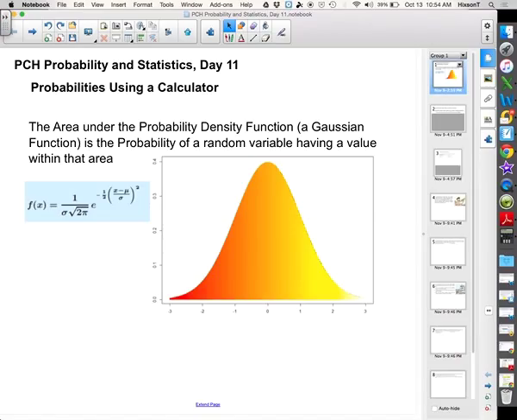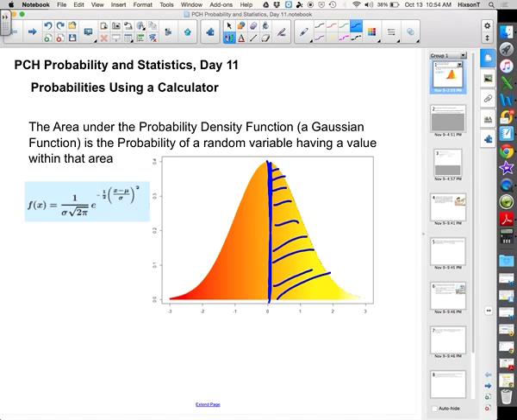But remember what I said, that the percent or probability represented the area underneath the curve. So, for example, if I'm looking at from my mean up to positive infinity, you know that that's 50%. The area underneath this curve is 0.5.